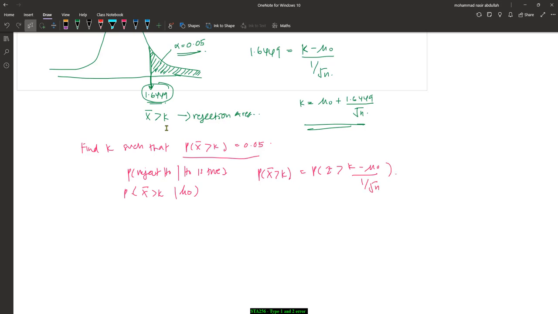So we know from here 0.05 is equal to probability of z more than k minus mu naught over 1 over square root of n.